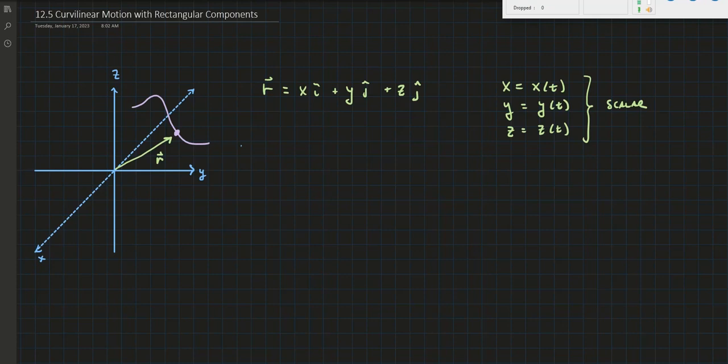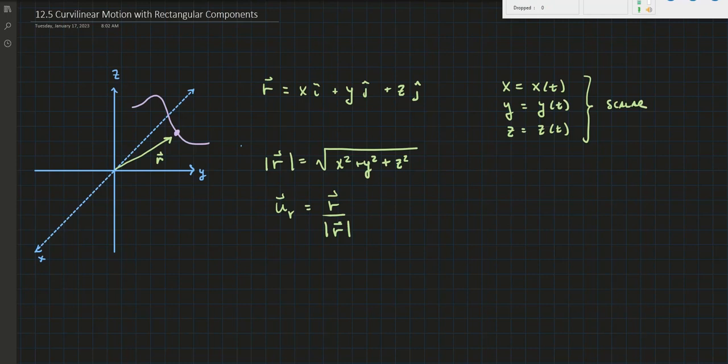With this sort of setup, we can figure out the magnitude of our position as the square root of x squared plus y squared plus z squared. And we can figure out a unit vector associated with that, which will be the position vector r divided by its magnitude.